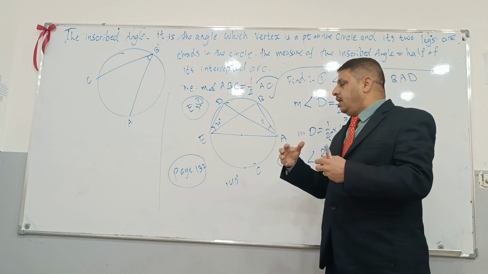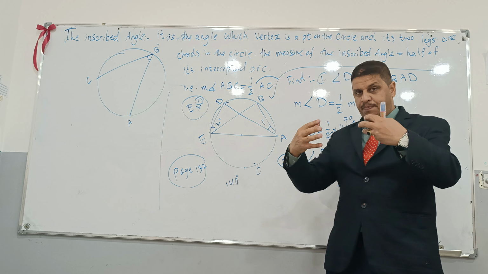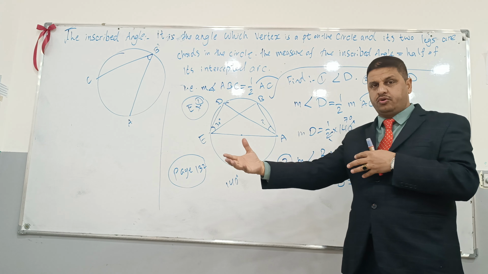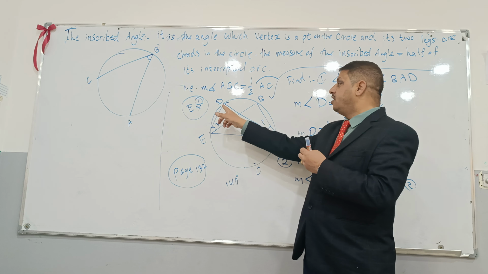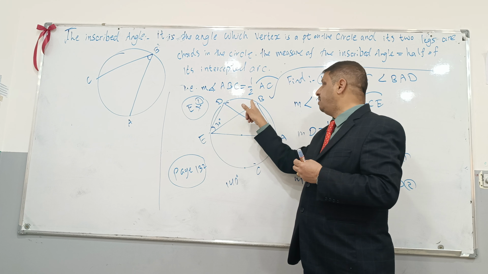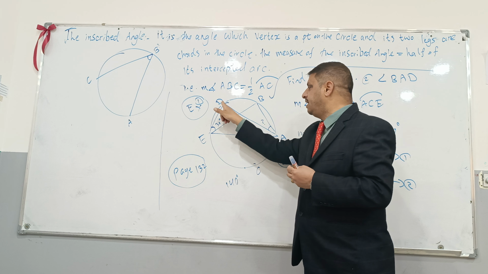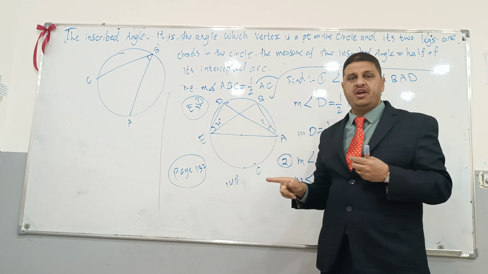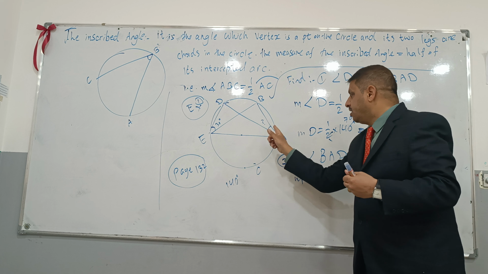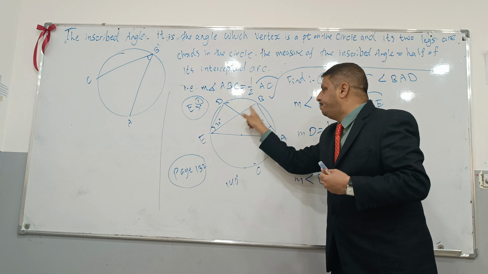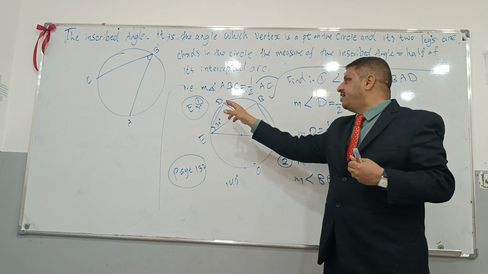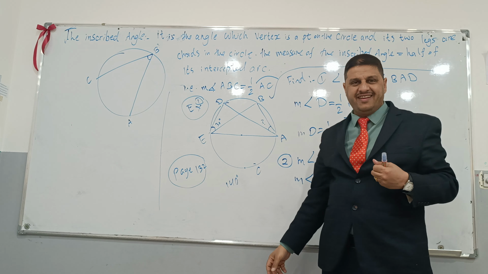Now, I want to conclude by myself. The measure of DEB or the measure of DBE equals 30. Look at me. BAD and BED are on the same arc.